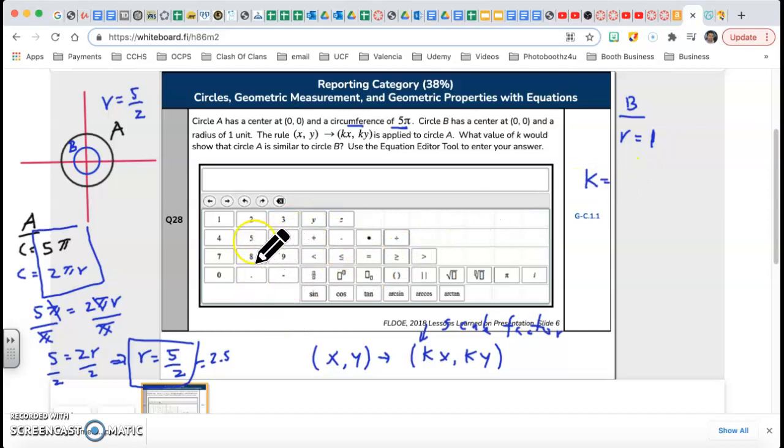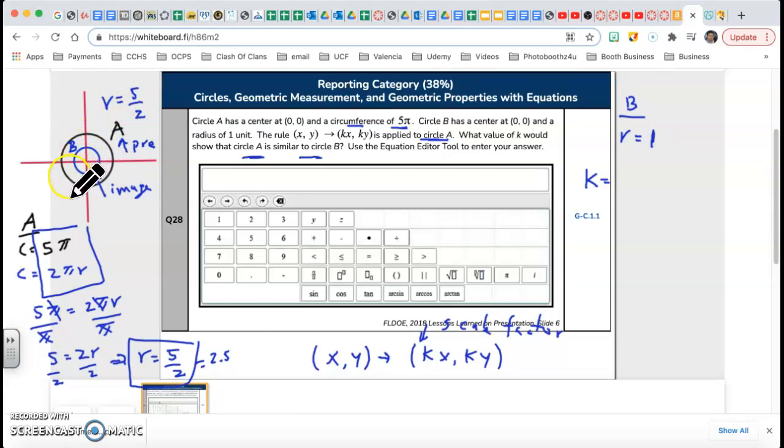The pre-image is the original one. So they're asking what value of k shows that circle A is similar to B. Remember, this is applied to circle A. So A is my pre-image and B is the image. In other words, A is the original, B is the transform.